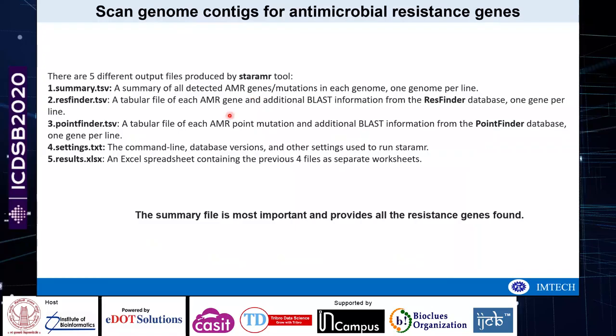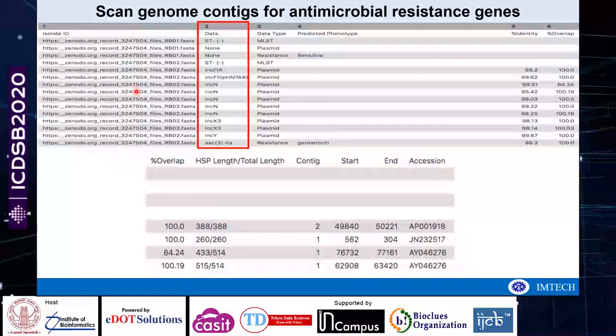ResFinder focuses on the acquired resistance genes only: a tabular file of each AMR gene and additional BLAST information from the ResFinder database, one gene per line. PointFinder gives a tabular file of each AMR point mutation and additional BLAST information. Then there are settings.txt and results.xlsx. The most important file is the summary.tsv file, of which I have given some screenshots.